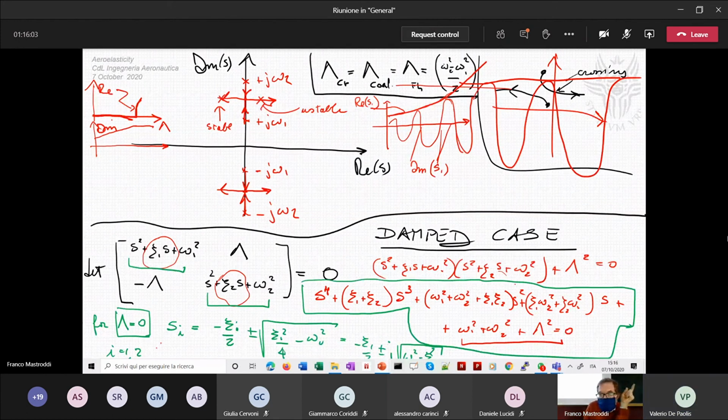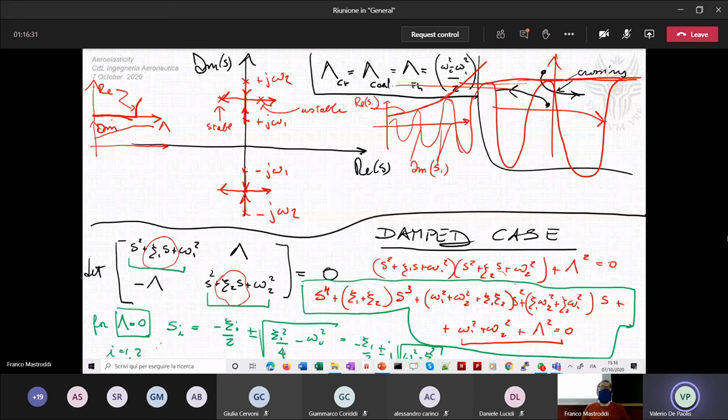And this threshold here is ensured by the nonlinearity. The nonlinearities are stabilizing. And this is the reason why in reality you will always see a limited solution, and the nonlinearity will show you a limit cycle, a so-called limit cycle.